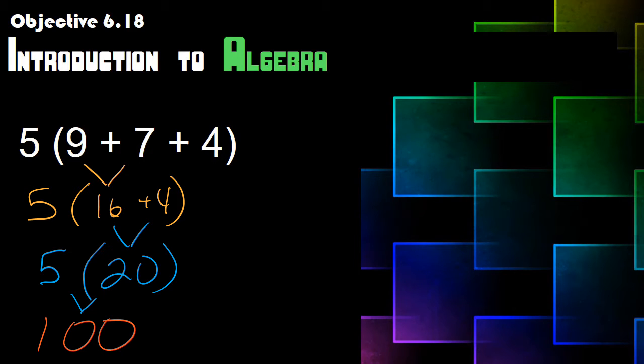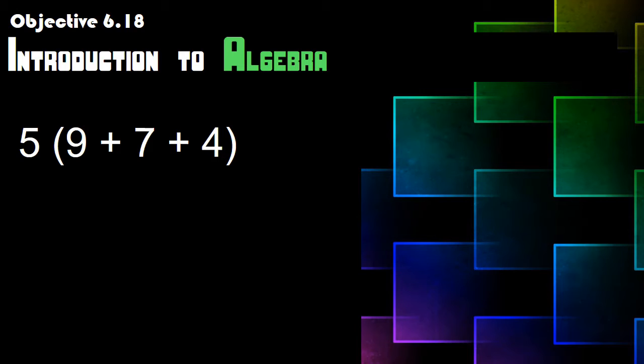So we can do this problem one of two ways. The first is using the steps for order of operations. Or the next way we can solve this is by using the distributive property. So the way this works is that we're going to distribute our number 5 on the outside into each one of the numbers on the inside of the parentheses. So what we will do is we'll take 5 and multiply that by 9. In parentheses we'll write 5 times 9.